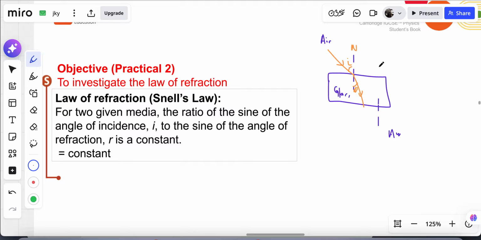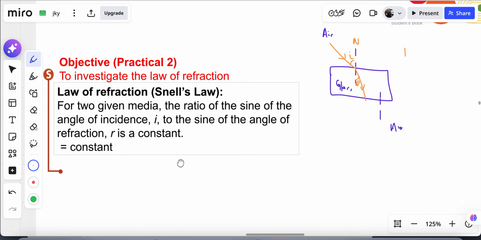Whatever the value here is, let's say 30 degrees, you say sine 30 over sine of the refracted angle, which is called Snell's law. Let's say the refracted ray is 18 degrees.